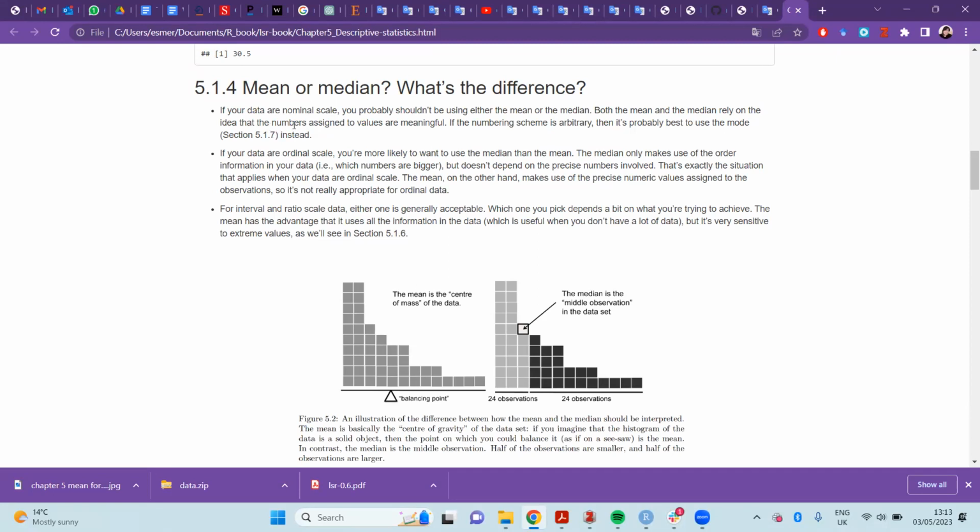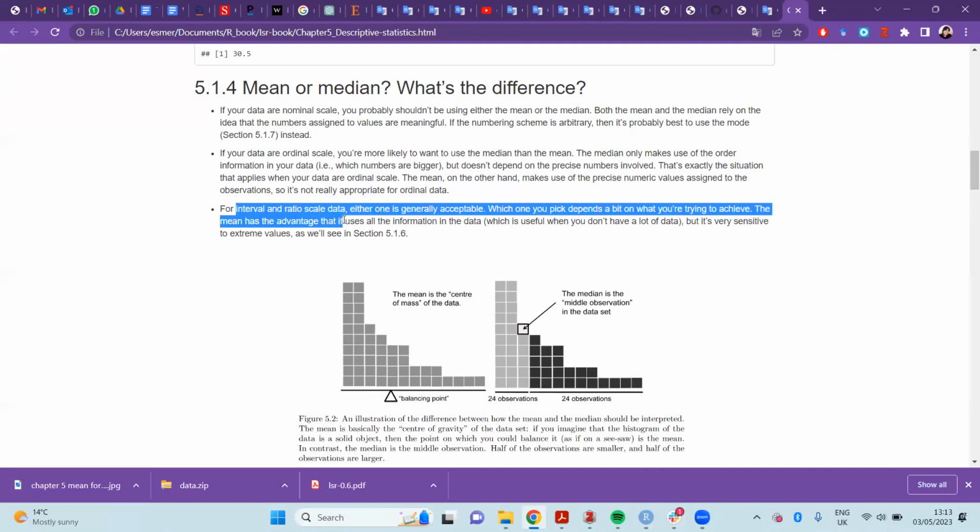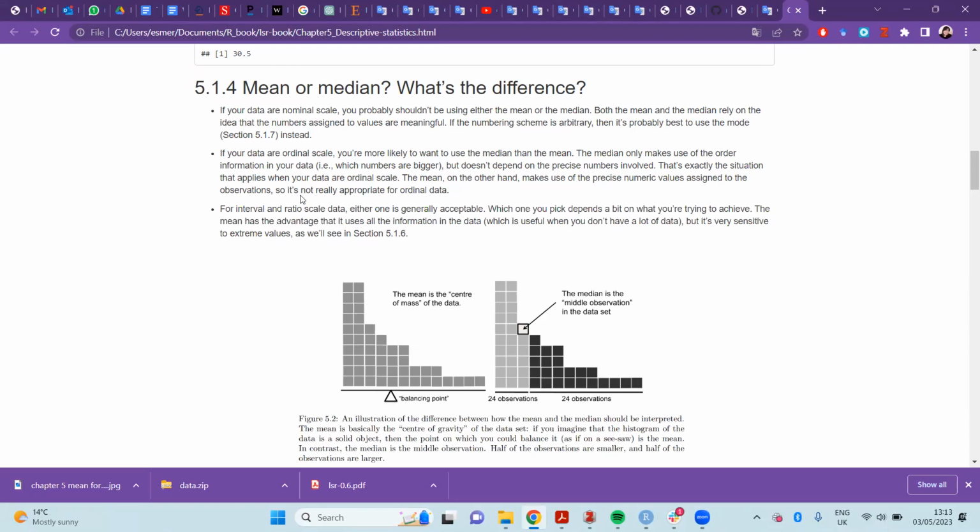For example, here they are presenting three types of data. One is the nominal scale data, the second is the ordinal scale data, for example rankings, and the third one, which I think is the most common, is the interval and ratio scale data.